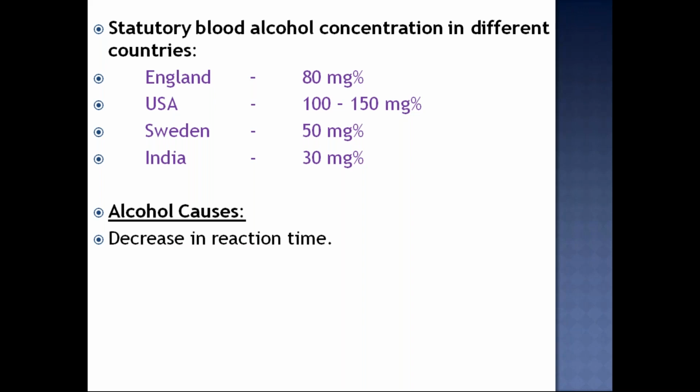Suppose the person takes alcohol and then drives, and a sudden obstacle comes in front of him, his thinking will be delayed, and he will not apply the brakes immediately. He will have a time lag. He will have a slow process. His reaction will be dull, and his thinking will be dull, and he will not apply brakes as quickly as needed, thereby leading to accidents.